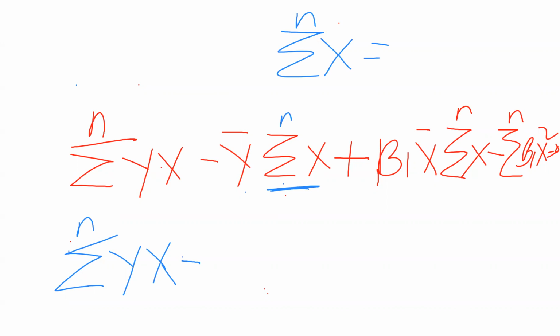I said it is equal to n x bar, right? That's what I said previously. Do you agree with me? Yes. So you have n y bar x bar, like that, is equal to.